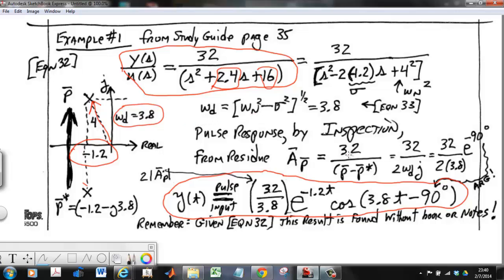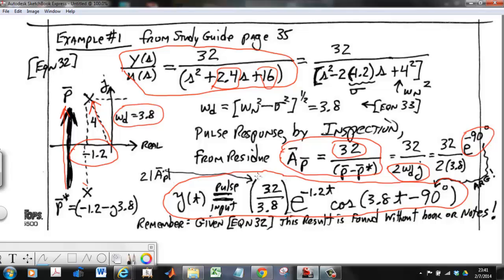Now the pulse response, if I give a pulse, I need to solve for the first residue. So my first residue is shown here. I have to carry the gain of 32, which was given to me. But then I know from the many times we've worked so far that the only pole I have is here, its sister pole. So I'm going to have 2 omega d in the denominator at an angle of 90 degrees, which will become, the angle will go to the numerator as minus 90 degrees.